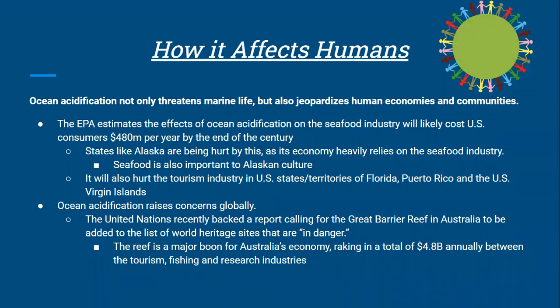But as ocean acidification increasingly negatively impacts the populations of red and blue king crabs, specifically off the Alaskan coast, it poses a threat not only to the crabs themselves, but also the sustainability of the state's economy, which relies heavily on fishing.